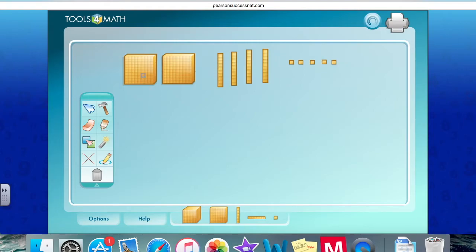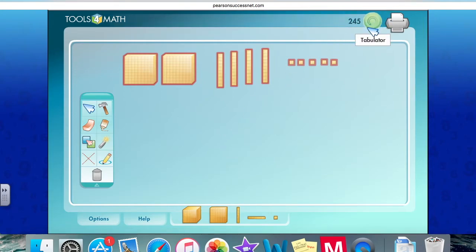So I went ahead and put out our hundreds flats, our 10 rods, and our 1 units. So let's see how many hundreds flats we have. We have 1, 2 hundreds flats. We have 1, 2, 3, 4 ten rods, and we have 1, 2, 3, 4, 5 ones units.